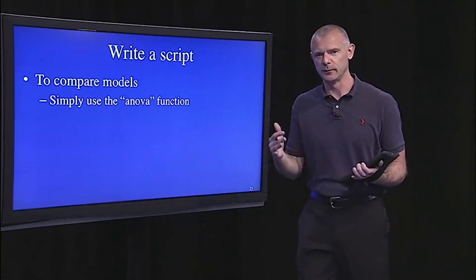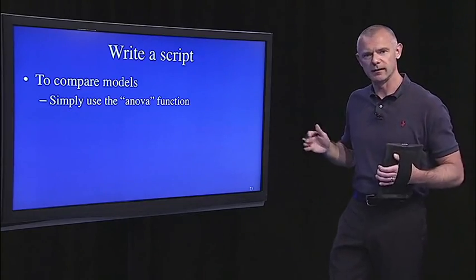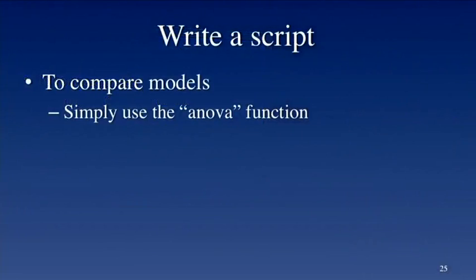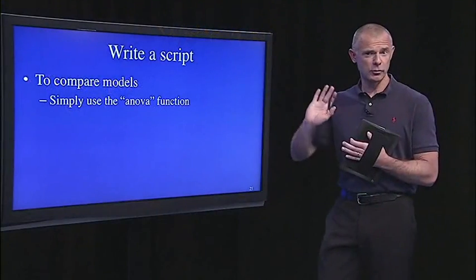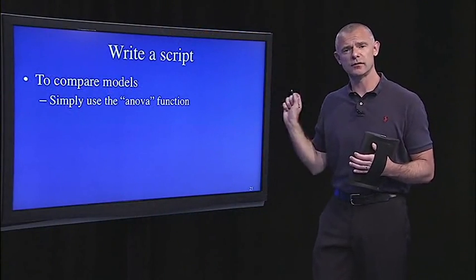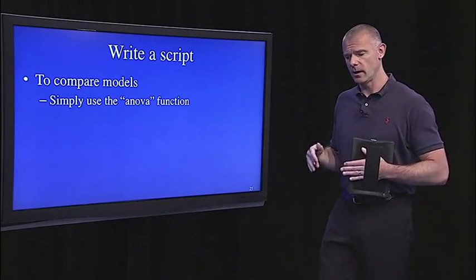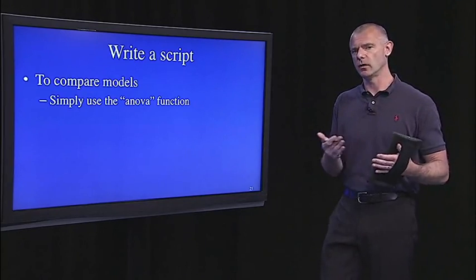Because that's so easy and it'll happen so fast, I decided to compare some of these models that we're running. And the way to compare models is to use the ANOVA function. And we're going to do ANOVAs later in the course. That's analysis of variance. This is just a function in R that allows us to compare amount of variance explained by multiple models.